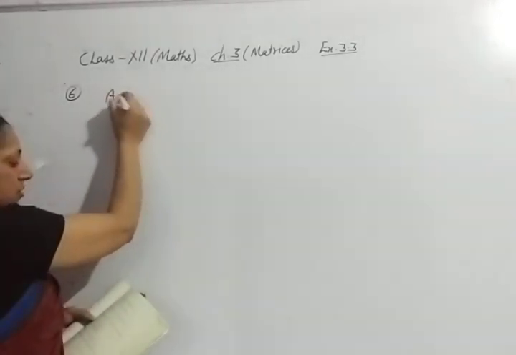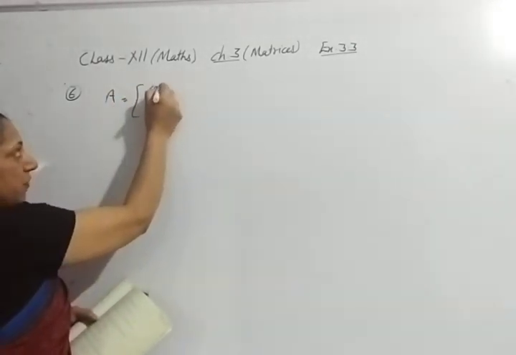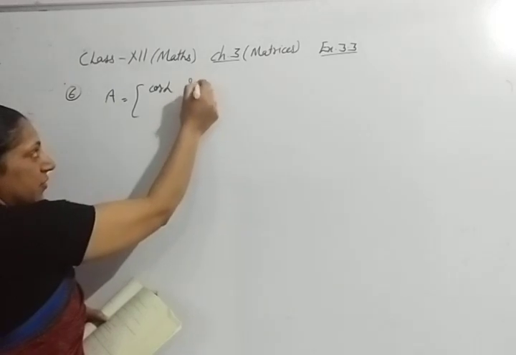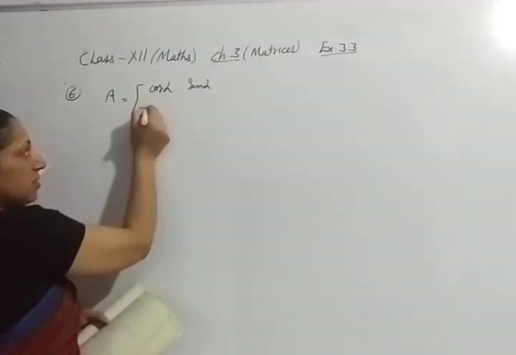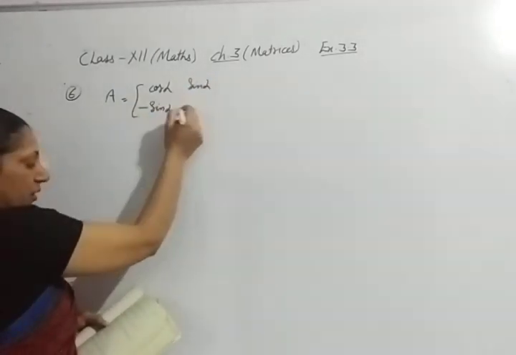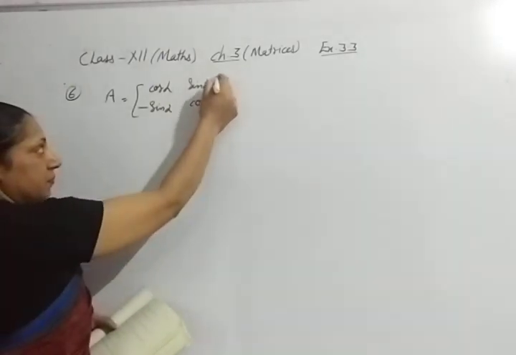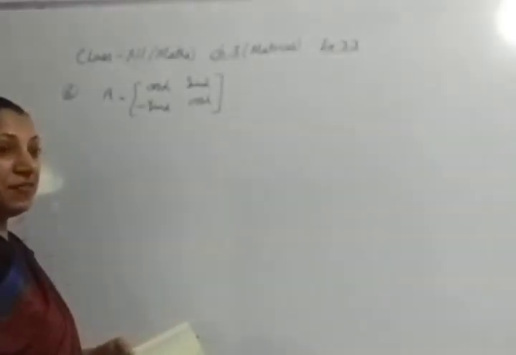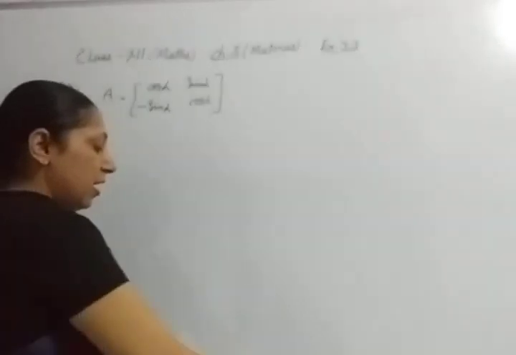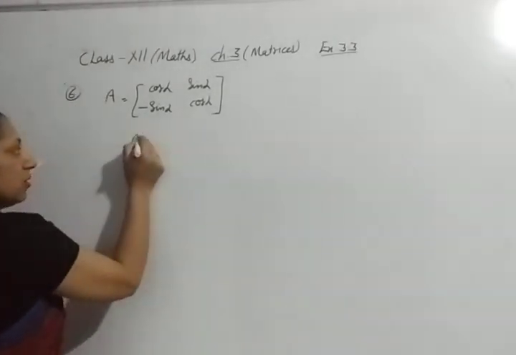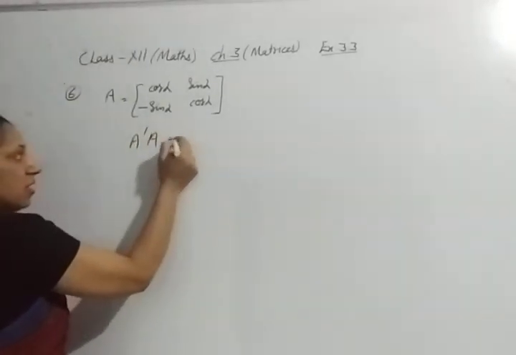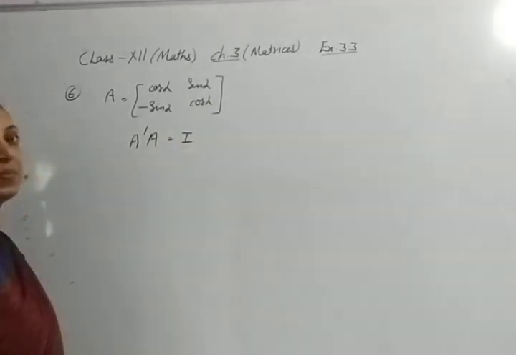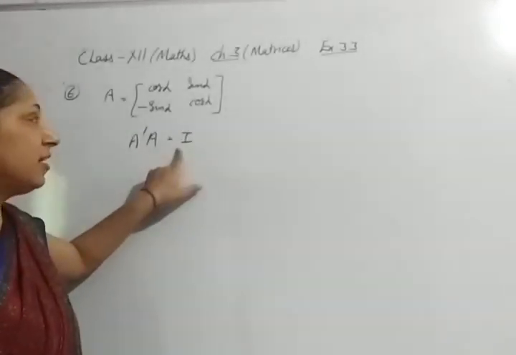If A is equal to [cos alpha, sin alpha; minus sin alpha, cos alpha], then verify that A transpose A is equal to I. I stands for identity matrix.